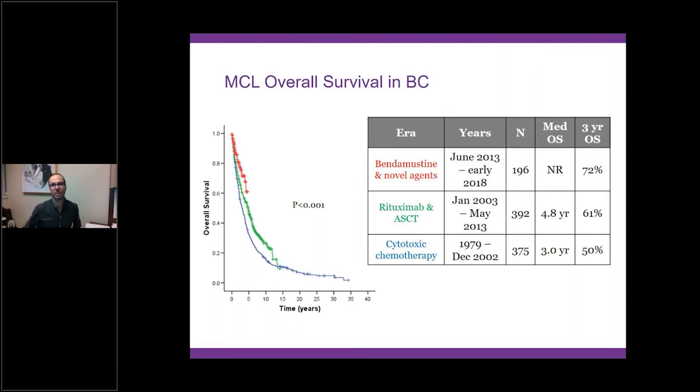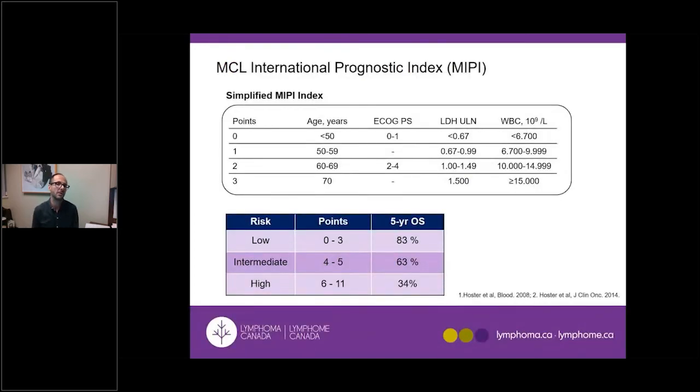Now, these are group outcomes. These don't answer the question of how will one individual do. So the one thing one should always do when you're trying to assess a particular patient's risk is to look at some of the characteristics that we know are associated with outcomes. And the Mantle Cell Lymphoma International Prognostic Index, or the MIPI, is probably the most widespread prognostic index.